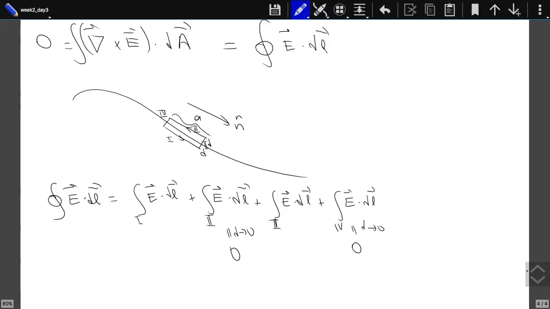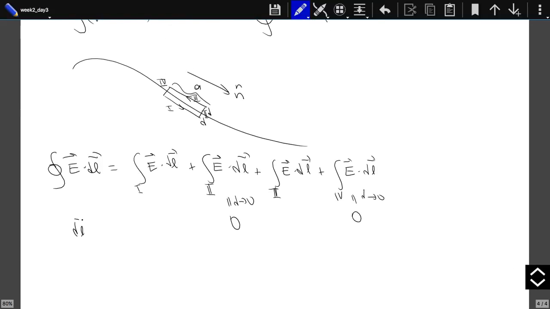So dl on side 1 is nothing but the magnitude in the n direction, and dl on side 3 is dl, but this time in the minus n direction, because side 3 is going in the opposite direction.